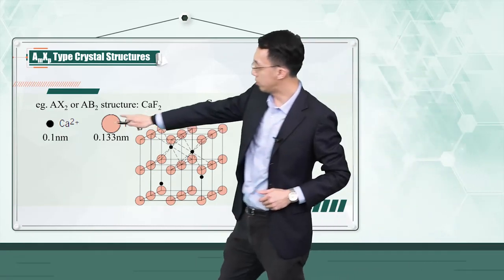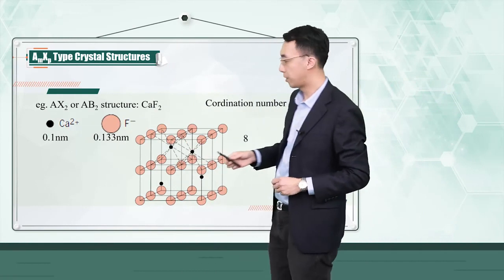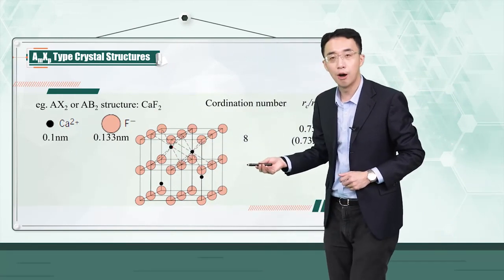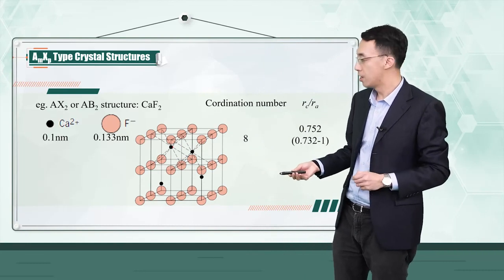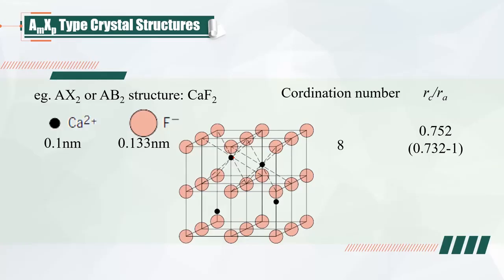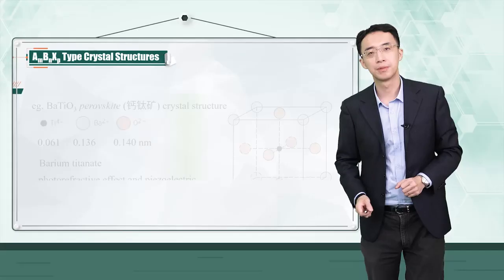And your calcium cations will occupy only half of the body centers in the simple cubic lattice of your fluoride. Okay, so this is the AX2 type ceramic crystal structure, and you can have much more complex ceramic crystal structures in this way.